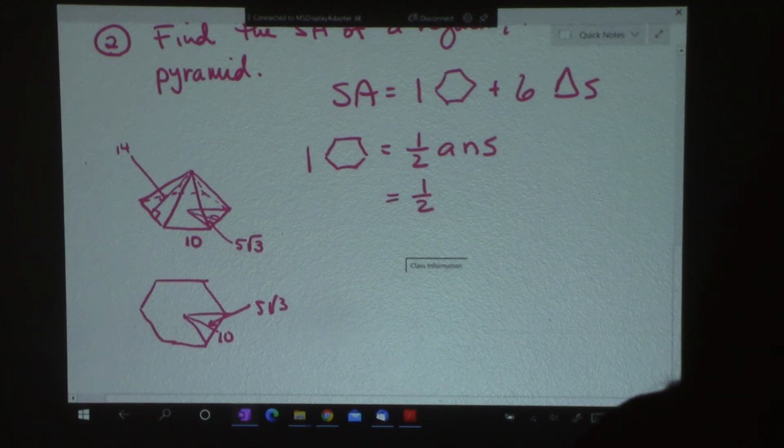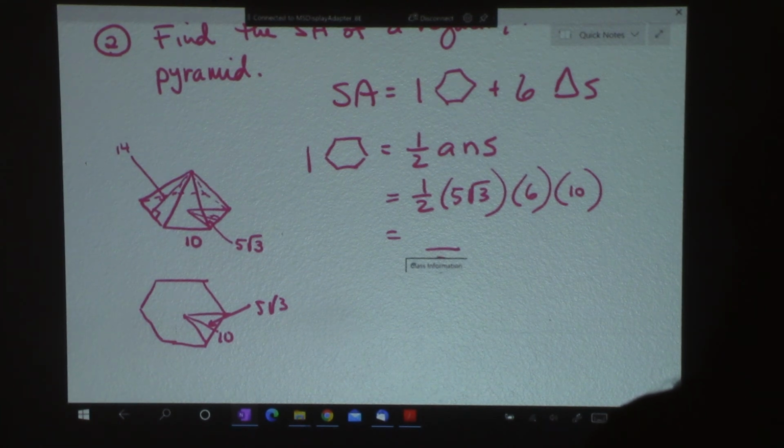So the apothem is going to be this 5 square roots of 3. And the number of sides I have is 6. And the side length is 10. So they gave us all that information. That's so nice. All right, so the 2 is going to go on the bottom there.